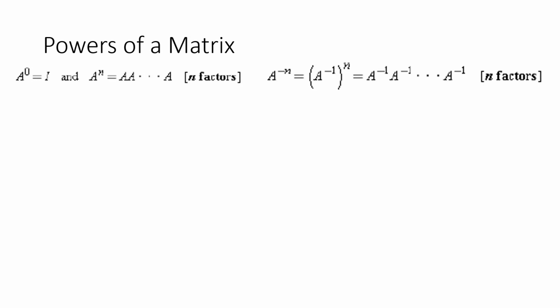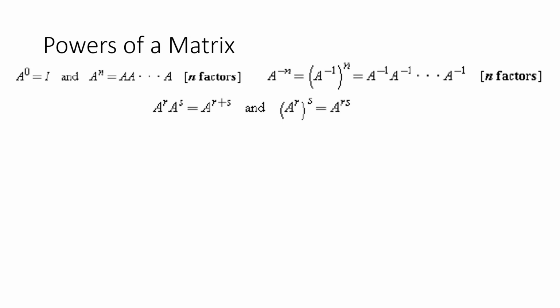Because this definition parallels those of the real numbers, the usual laws of exponents hold. For example, A raised to r times A raised to s is equal to A raised to r plus s, and A raised to r, raised to s, is equal to A raised to r times s.